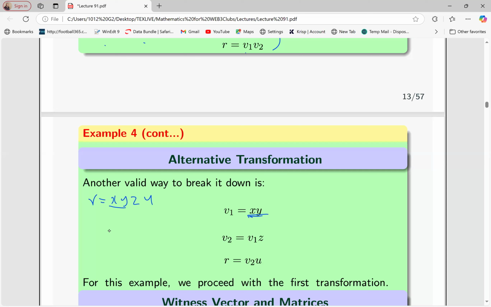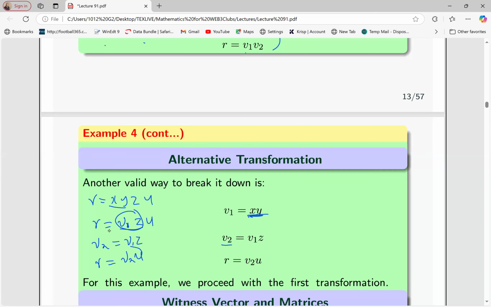So that means R now becomes V1, Z, U. And then I decide to call V2 as V1 times Z. So that now R becomes, instead of this, V2 times U.